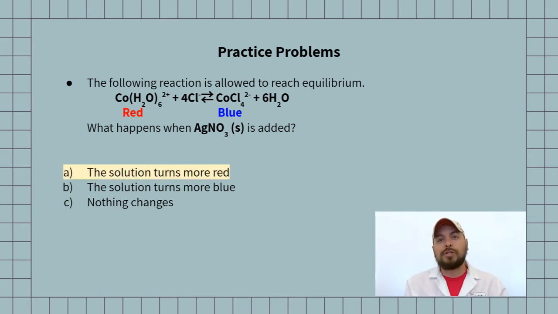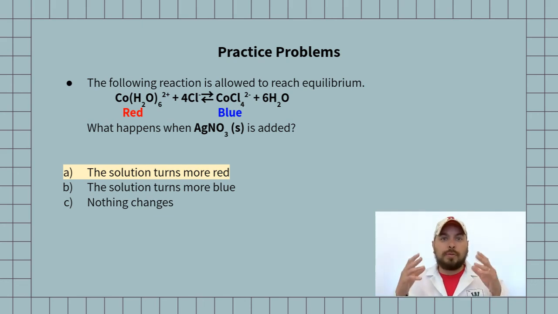Because as we shift to the left, it's due to the fact that my Q is going to be greater than my K because I've reduced the amount of a reactant, right? I've made a reactant smaller, makes my Q bigger, makes my entire reaction shift to the left. Therefore, my entire solution would turn red just by removing a reactant, chloride ions, from the reaction using precipitation of something that wasn't even in the reaction, the silver chloride, or the silver nitrate, should I say.